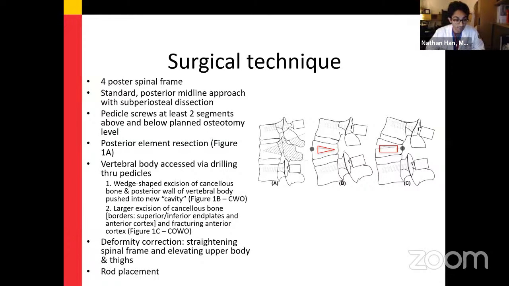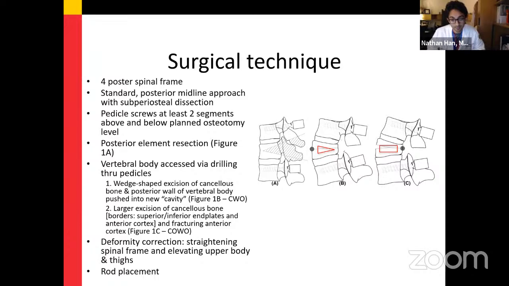And then alternatively, the second technique, of course, the closing opening wedge osteotomy, was performed by exercising a larger excision of the cancellous bone, sort of almost more of a rectangular or in 3 dimensions, sort of a disc shape, with the borders of that excision being the superior and inferior end plates and the anterior cortex.